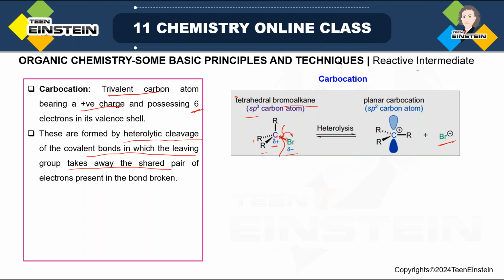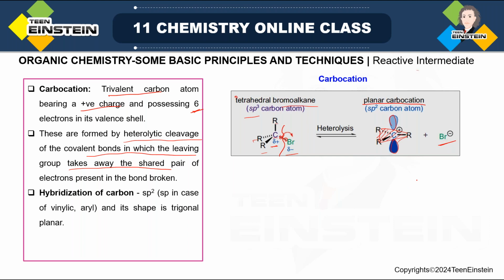What will be the fate of carbon? Now carbon is converted to a planar structure. If you join these three positions, you will get as if a plane which is perpendicular to the screen, and this p orbital is also perpendicular to this plane. And now the hybridization of carbon has also changed from sp3, now it is sp2.